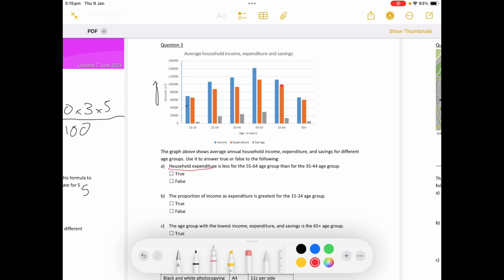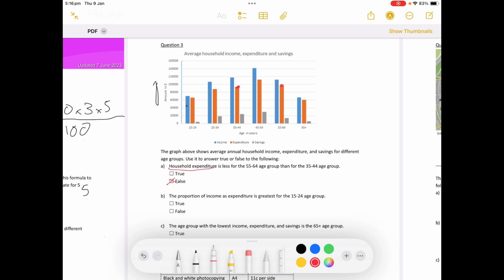It's just under the 100,000 line. Alright, 35 to 44 age group. That's over here. So this one here is lower. So I'm going to say, note this statement is false.